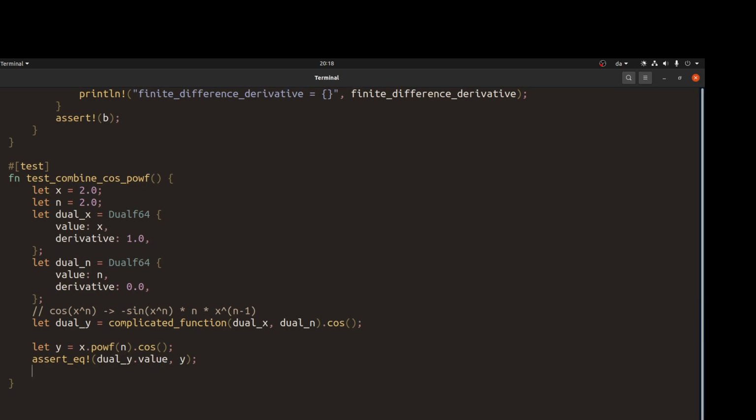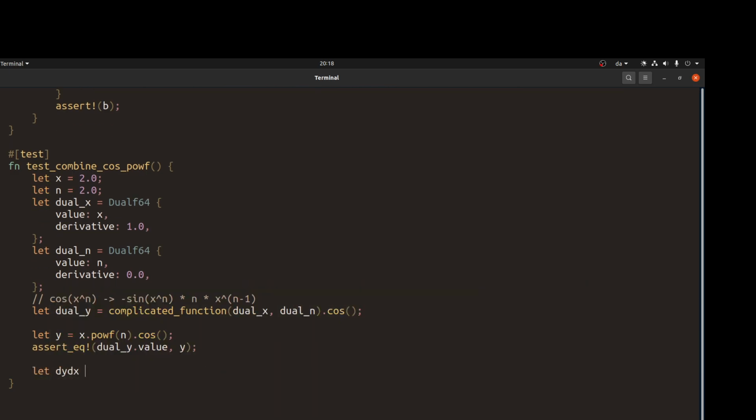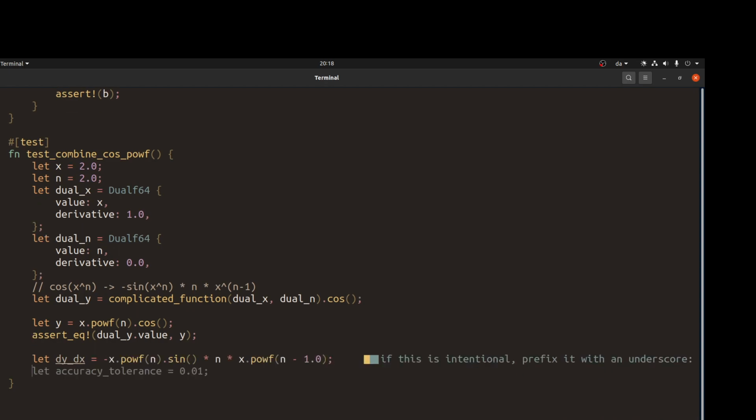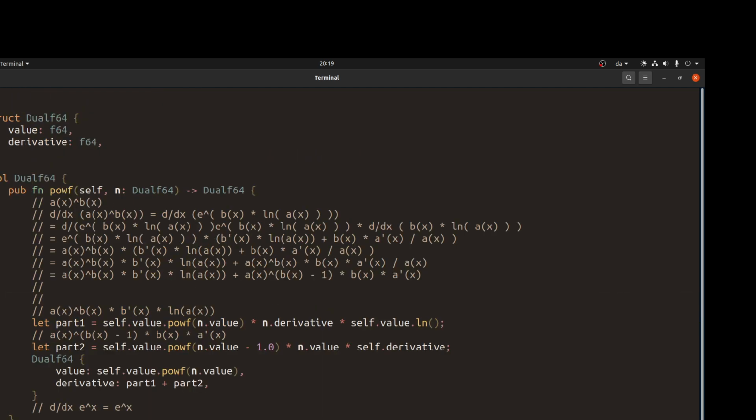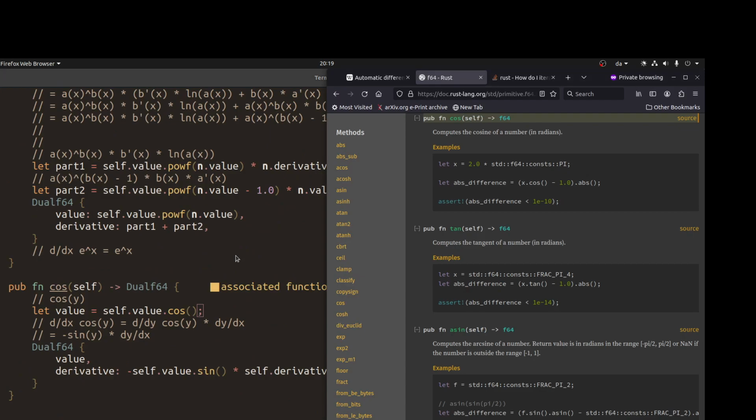So we can actually calculate that ourselves like this, and then we can assert that those things are equal. So here we have the exact expression, so we can just assert that those are equal. Let's try to run that, and it also passes. So basically you can go through this procedure with all of these functions that you want to support, and it's pretty straightforward, if a little tedious.